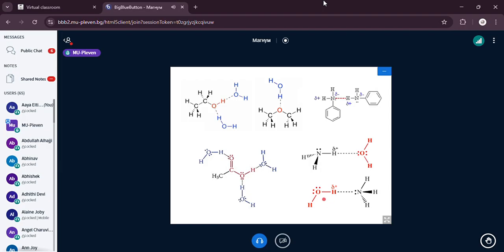If we write hydrogen bonding in this way, here water is hydrogen bond donor and ammonia is hydrogen bond acceptor. Both are correct. If you will be asked to show hydrogen bond between ammonia and water molecule, you can show both of these and it will be correct.